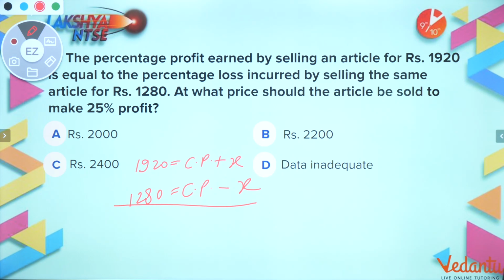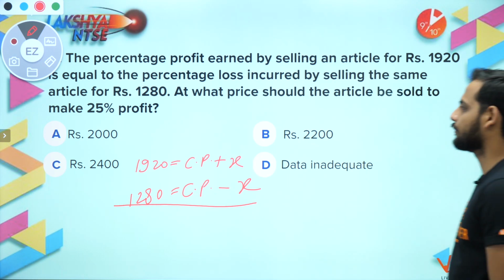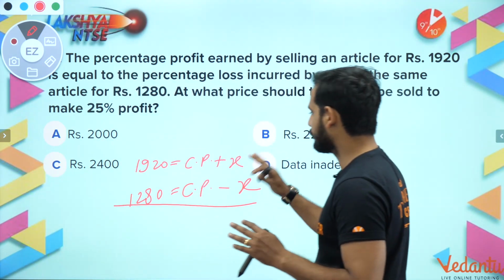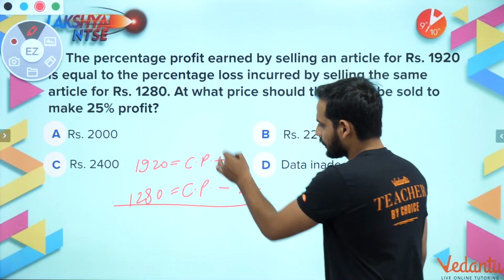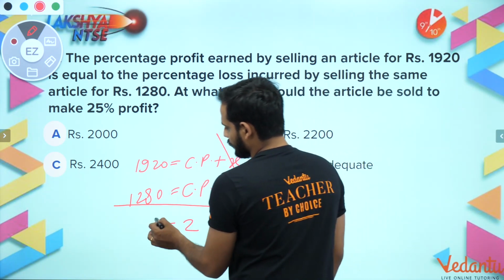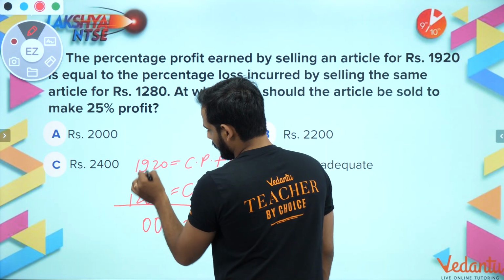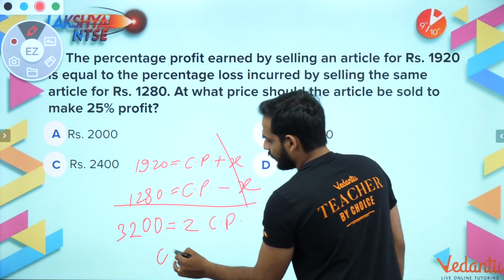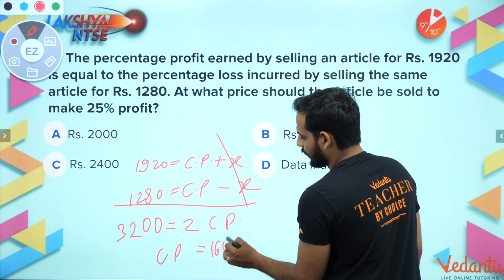What do you want? At what price should the article be sold to make 25%? So selling part we'll see later. Our main aim is to find out cost price. So add these two equations, these two got cancelled. 2 times cost price is equal to 3200. So you can say cost price is 1600.